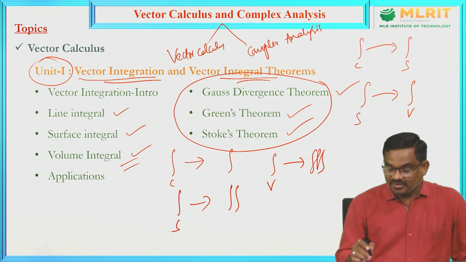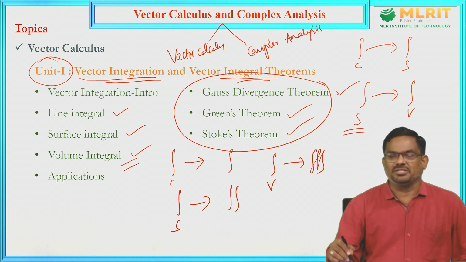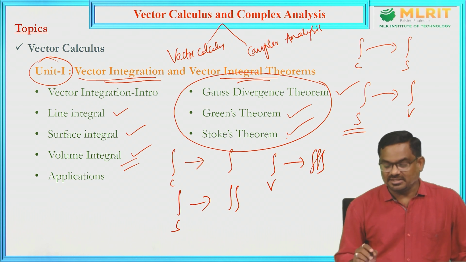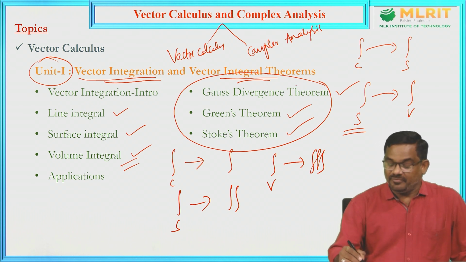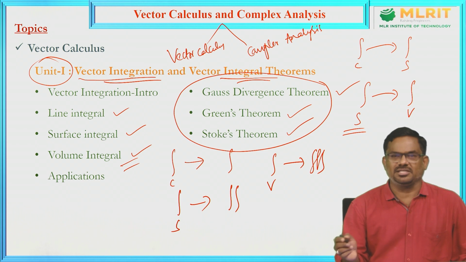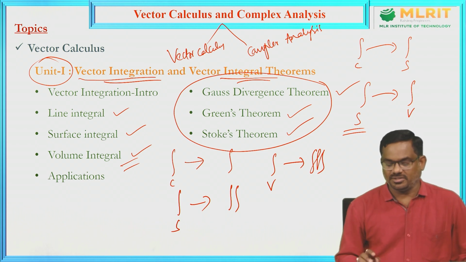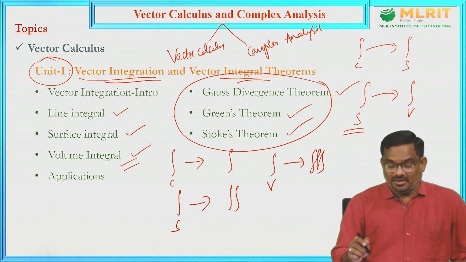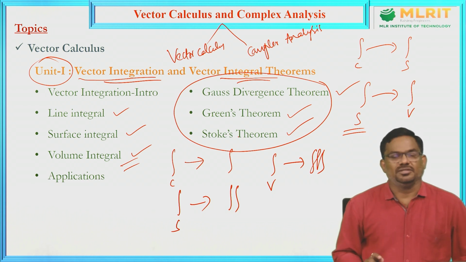Similarly, evaluate the surface integral by transforming it into a volume integral using Gauss divergence theorem. Or sometimes we verify these theorems for the given vectors. Verification means we need to find both LHS and RHS, and finally prove that LHS is equal to RHS. That means both the integrals are the same. So these are the problems in unit 1.